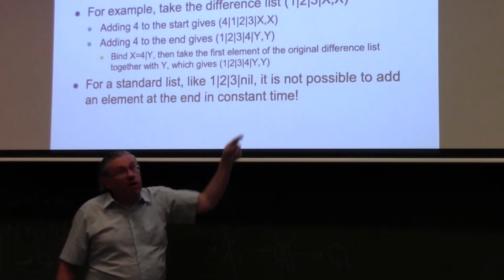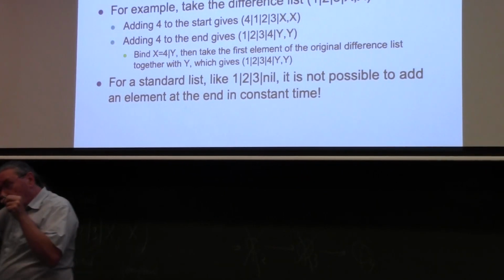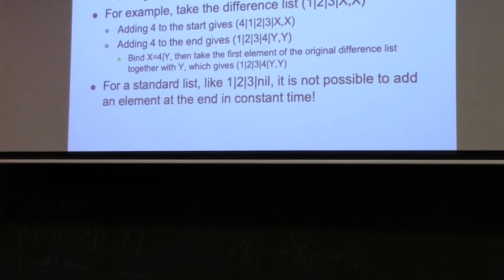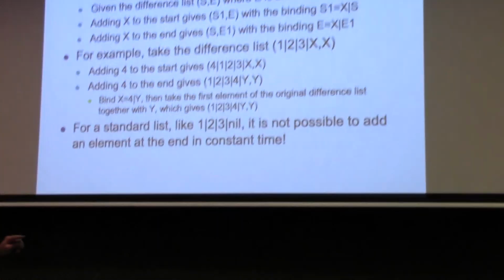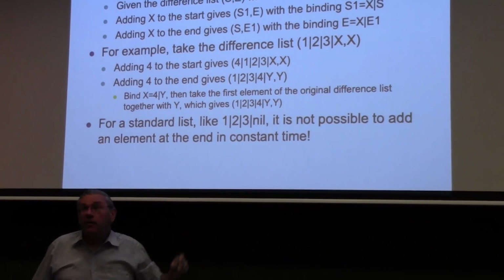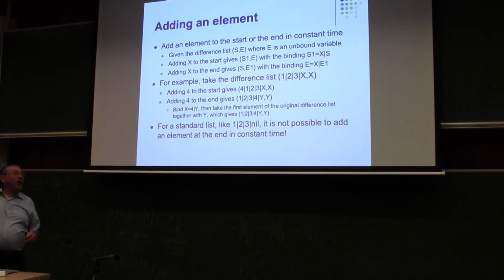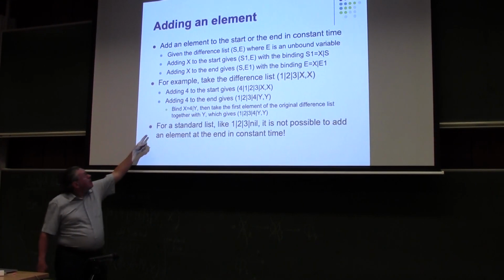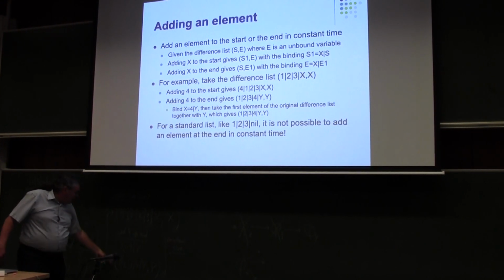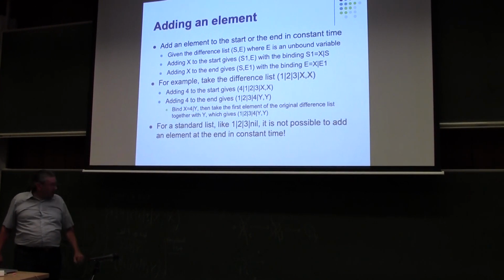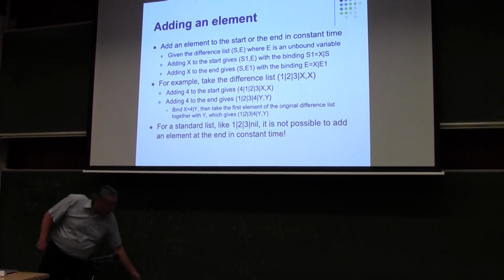Well, this is like a value. You cannot modify it. You have to traverse the whole list and make a new list with 4 at the end. So it's order n. If the list has a length of n, adding an element to the end takes order n usually. But for the difference list, it's constant time. See, that's nice, huh? And it's still declarative because we're using the unknown variables here.